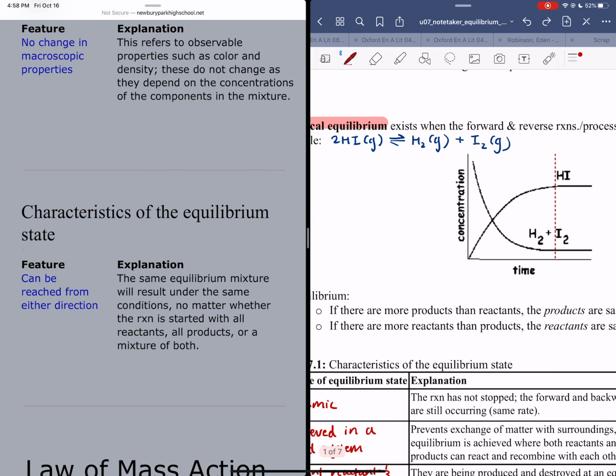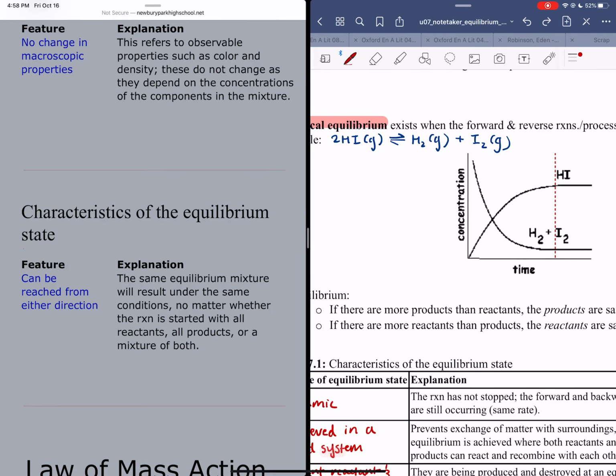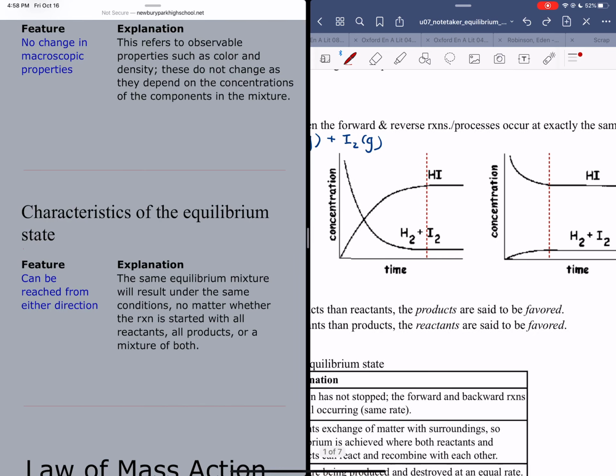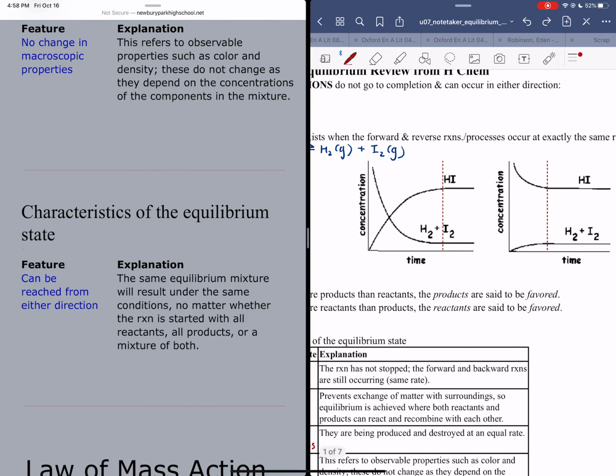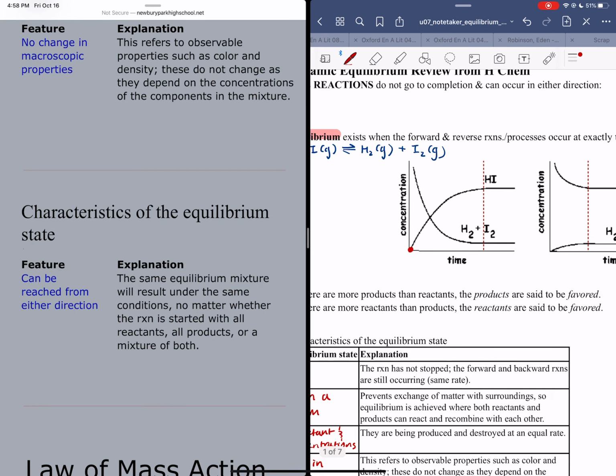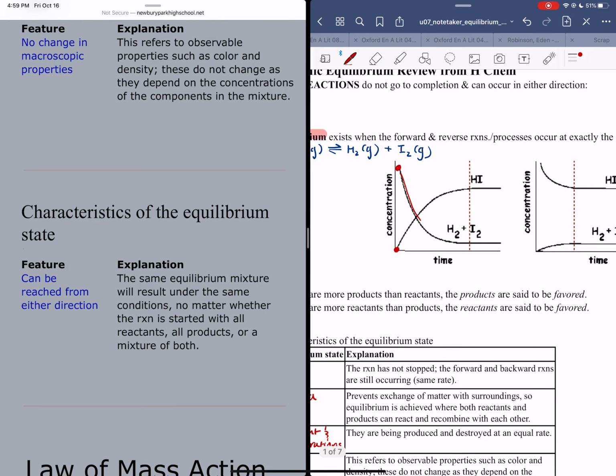This is an example of an equilibrium, a common equilibrium actually. And these are just graphs which explain two situations which are happening here. So let's break this down. In the beginning of the reaction, it says that HI begins at 0 concentration. So we start with no HI. However, at time equals 0, we start with loads of reactants, H2 and I2. The reaction shows that as time goes on, H2 and I2 decrease as more HI is being made from those reactants.